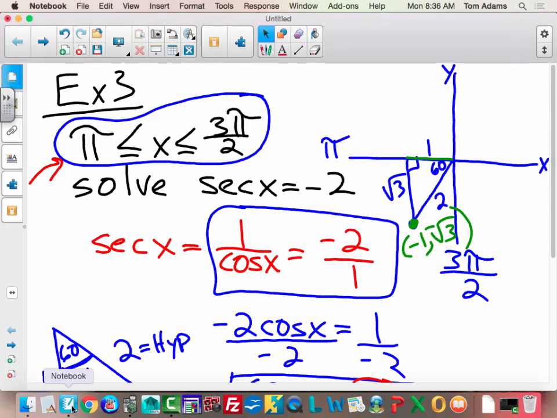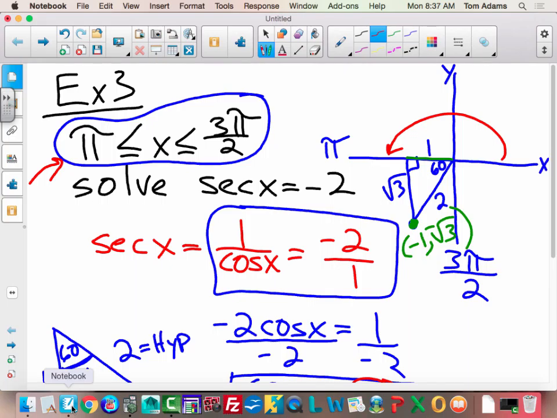So when I say 60 degrees here, what am I really saying? Where do we start? We start at 0 degrees, right? If I go all the way over here, how far have I traveled? I've traveled pi.